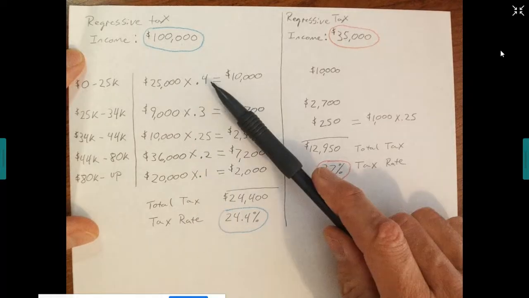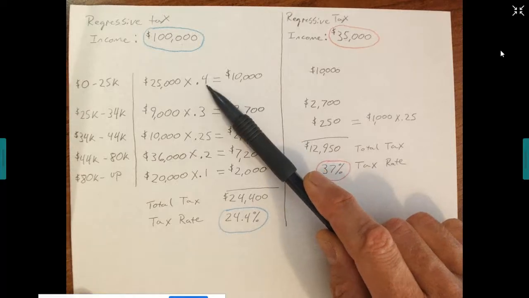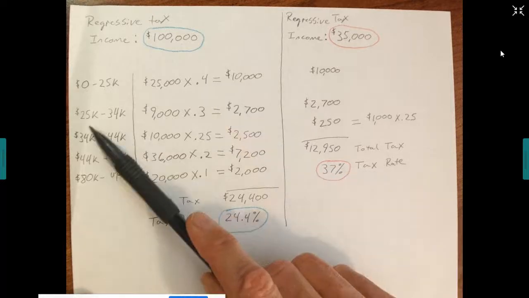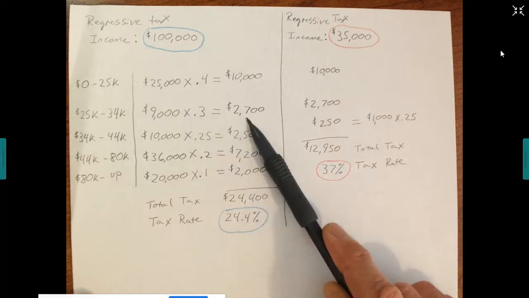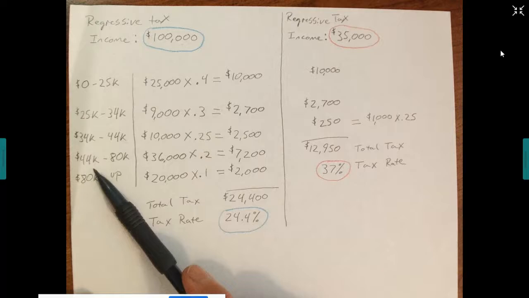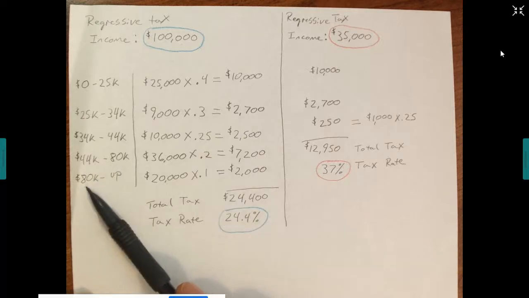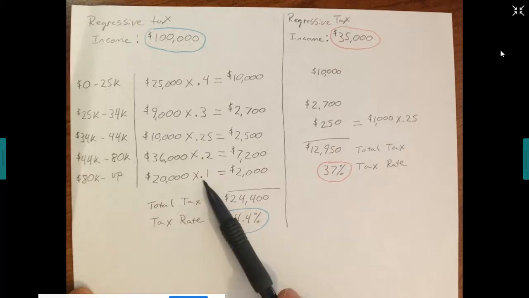The first $25,000 is being taxed at a rate of 40%. The next $9,000 is taxed at a rate of only 30%. Then 25%, then 20%, and any income over $80,000 is taxed at a rate of 10%.